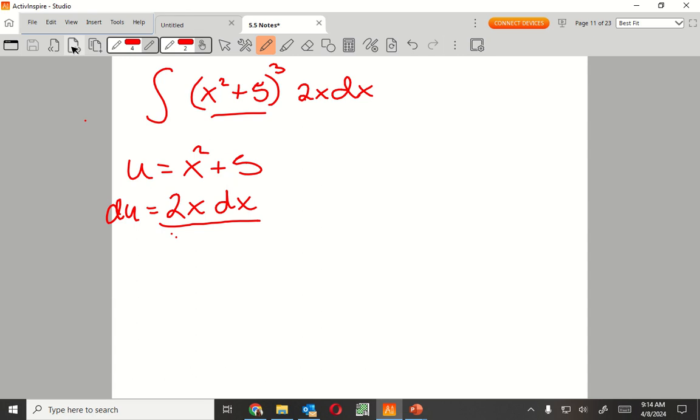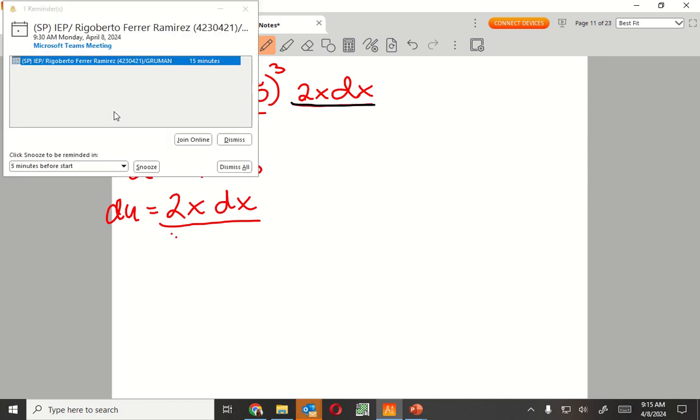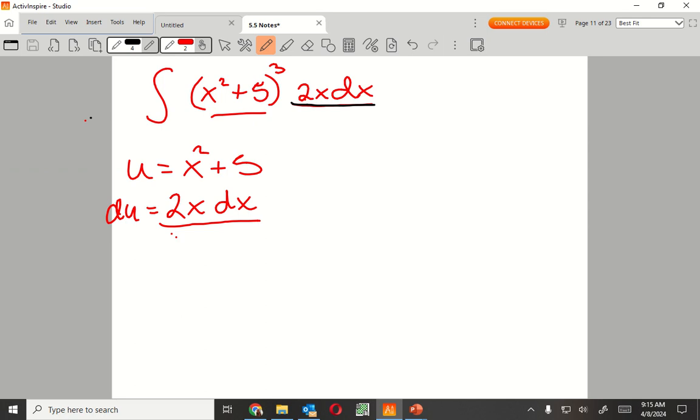So now this is going to replace all of this right here, and my u is going to replace this right here. So rewriting it, I'm going to have the integral of u to the third power times du, because I'm replacing all of this with du now.